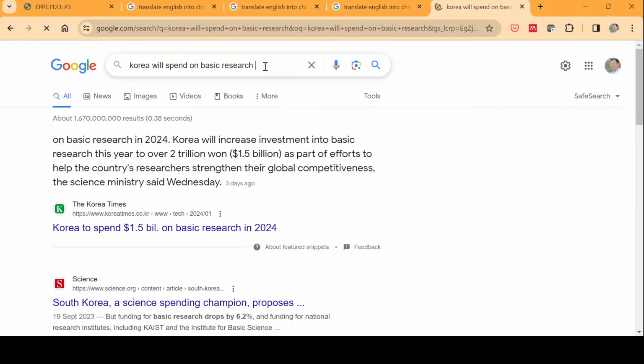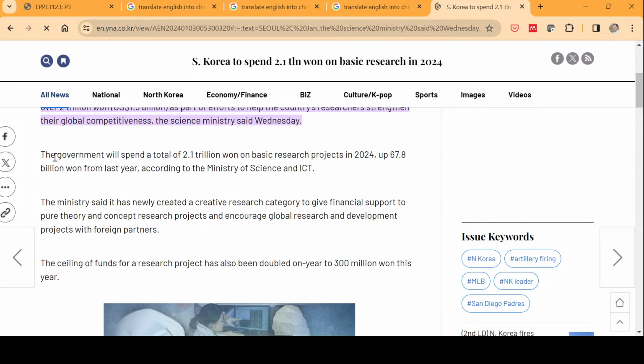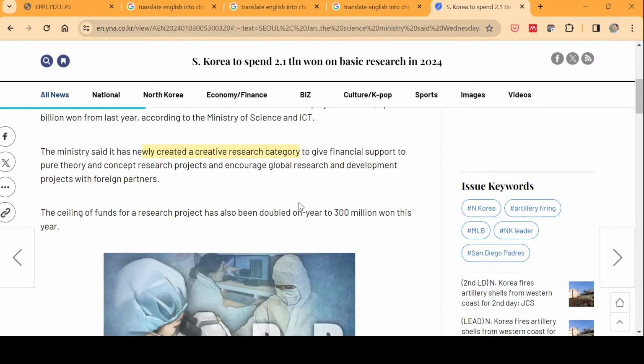The keyword is government, not private firms. The government will give money to universities to do basic research, and also to government research institutes as well. In Korea, there is a newly created category, creative research.